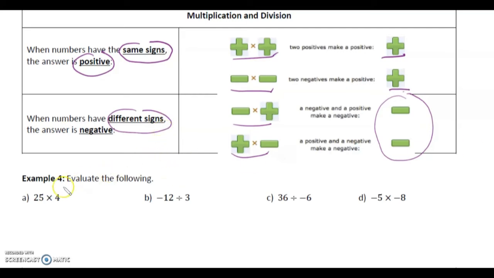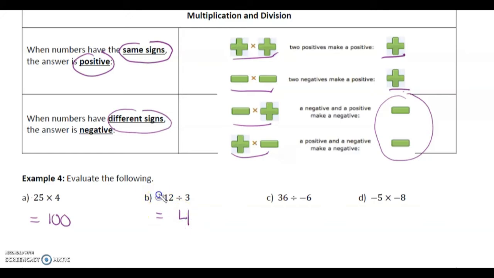Okay, so evaluate the following. What is 25 times 4? Well, that's just 100. And both of these are positive numbers, so it's positive 100. Okay, what's negative 12 divided by 3? Well, 12 divided by 3 is 4.